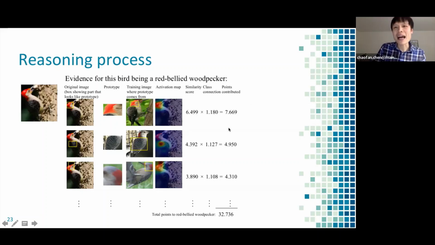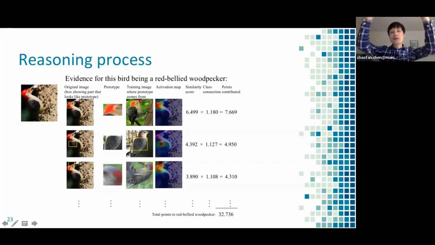And then we have this point contribution, which is the multiplication between the similarity score and the weight, and we get 7.669. And we can do that for every single prototype of this class to get the similarity score, the class connection, and then the point contribution by this prototype.